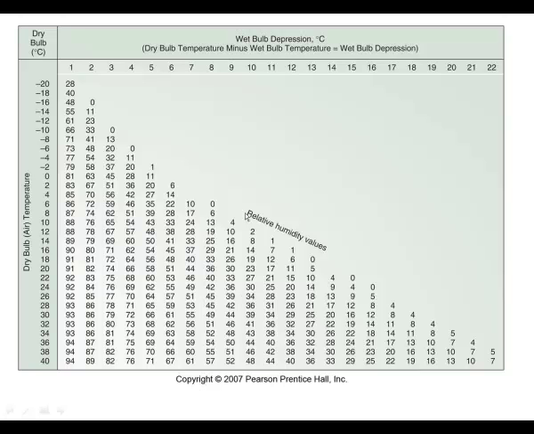So the greater the difference between the dry and the wet bulb, the lower the humidity. You say about 45. Let's see. Our dry one, we'll go with 20. And then this is the wet bulb depression. I'll stick with 7. Where they intersect? Yep, I agree.